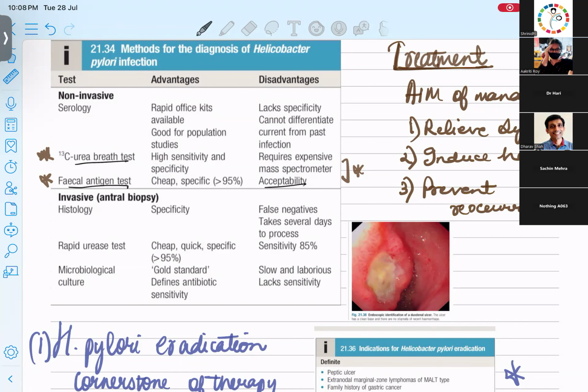Then after the antral biopsy, we have histology, which is very specific, and sometimes can produce false negatives, but very rarely. Histology takes several days to process, so especially in a primary or secondary care setting, if we don't have good histology labs, this might be a limitation.